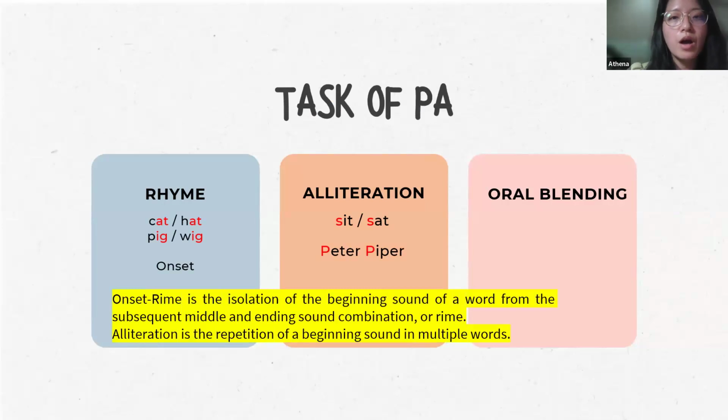So when we talk about onset and rhyme, I will talk about how to build up the concept. But onset and rhyme is the isolation of the beginning sound of a word from the subsequent middle and ending sound combination, or rhyme. And alliteration is the repetition of the beginning sound in multiple words. So onset and alliteration are different concepts, but they can also be tasks of phonological awareness. And the most important thing is oral blending.